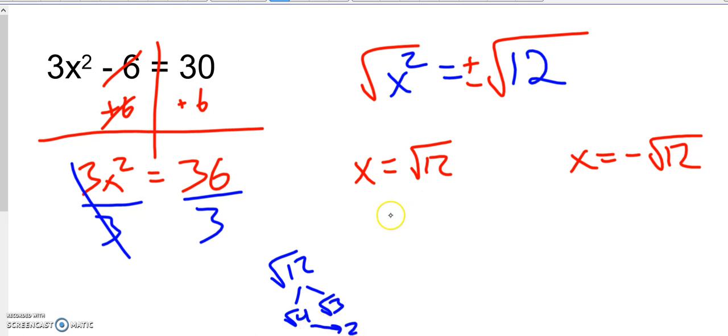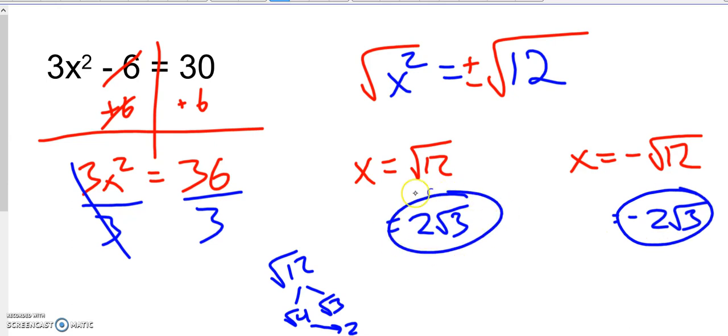So another possible answer here is 2 square root 3 or negative 2 square root 3. Those are probably the two that would be looked for, but you could also get decimals and approximate them. It just depends on what they're looking for.